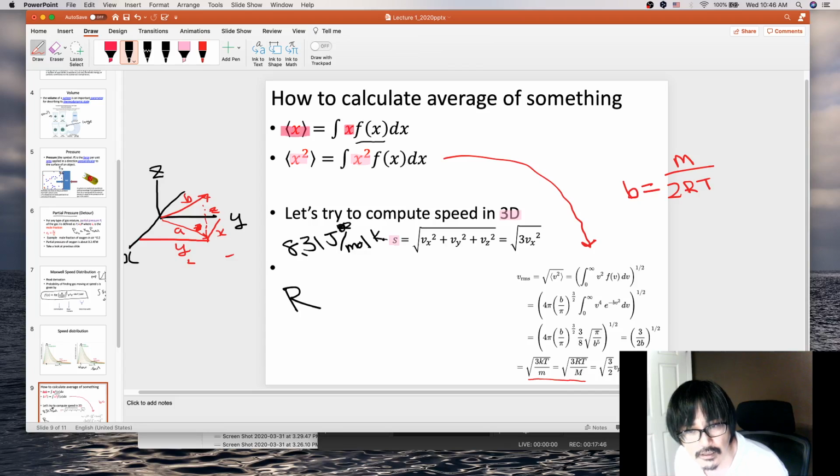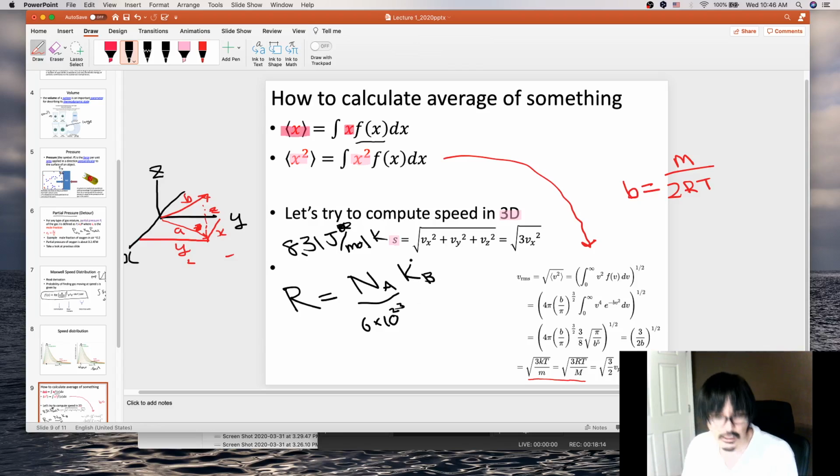What's important here is that it's a per mole quantity. So if I multiply the Boltzmann constant by the Avogadro number, which is 6 times 10 to the 23, and the Boltzmann constant, just look it up using Google, is a very small number. Multiply that, then you actually get the gas constant here.